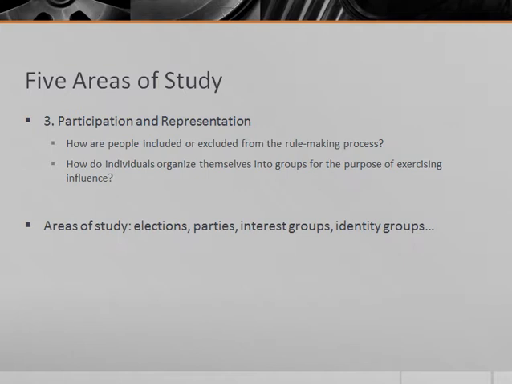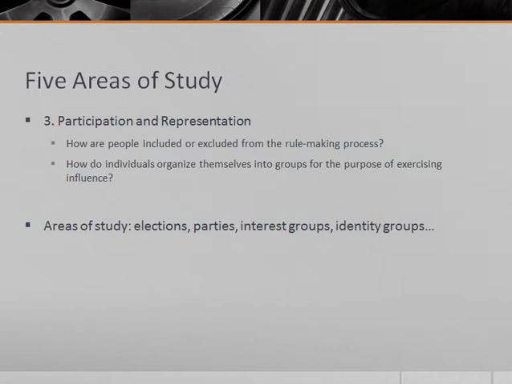Looking at the third major area of study in comparative politics, participation and representation. Participation and representation studies how people are included or excluded from the rulemaking process. How do individuals organize themselves into groups for the purpose of exercising political influence?